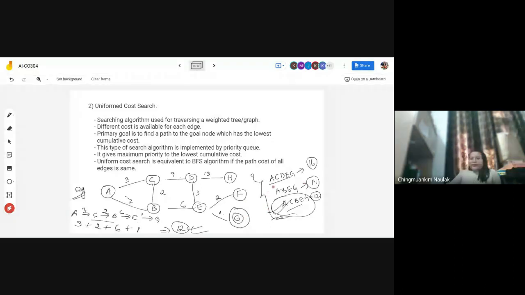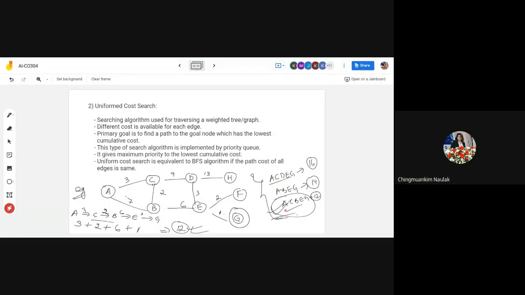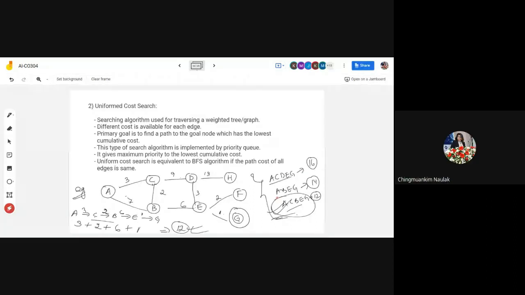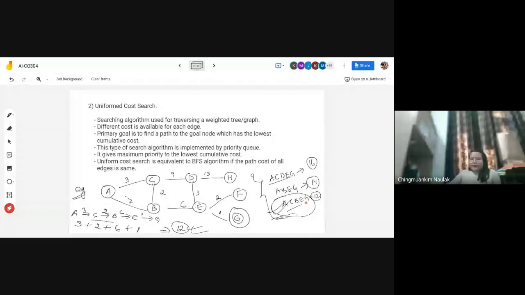You have this path A, C, D, E, G that leads to the goal node, A, B, E, G, A, C, B, E, G. But if you calculate the cost of all these paths, the first possible solution has the cumulative cost 16, ABEG has 14, ACBEG has 12. So you're going to select the least one, the minimum cost path. So you are selecting 12 for this problem.